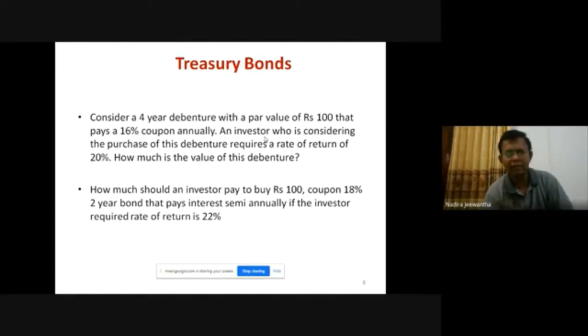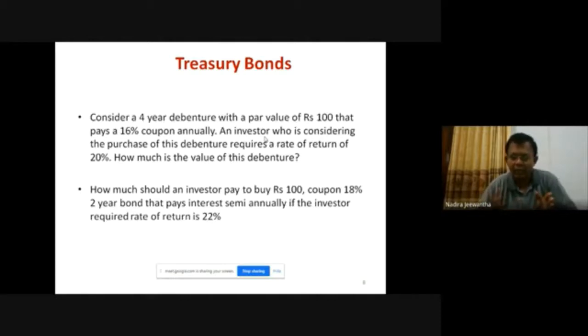Remember that in the first question we got the answer 89. I have to invest 89 to get 100 after the maturity. For 4 years, today I am investing 89, and in 4 years' time I am getting 100. What is the 100? 100 is the face value.